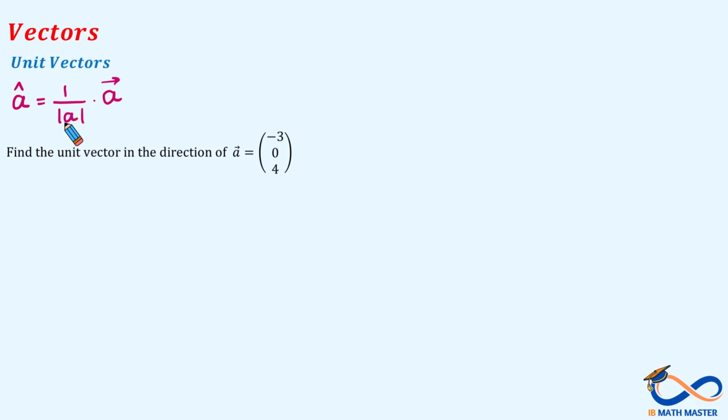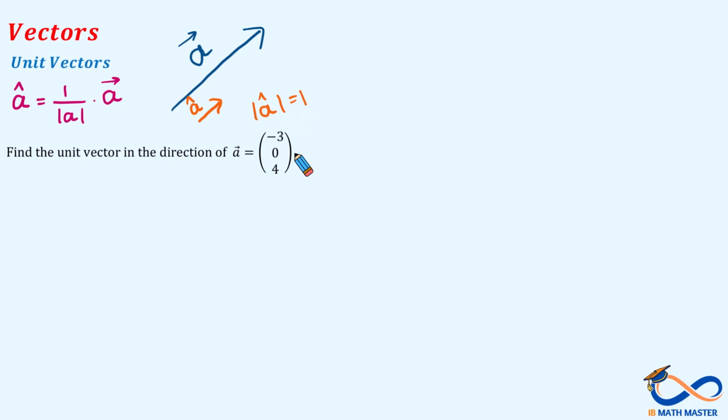It's 1 over the magnitude of A itself multiplied by the vector A. Now, the unit vector of A here is always parallel to the original vector. As we just explained, when we multiply A by a number, we get a new one parallel to A. But it has a convenient magnitude of 1 unit.